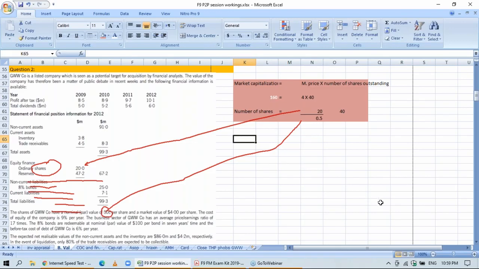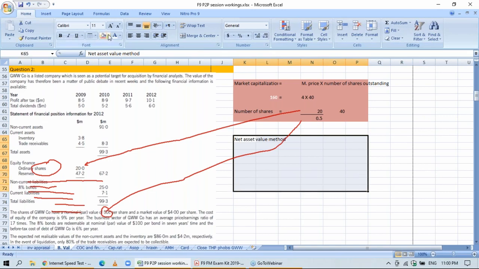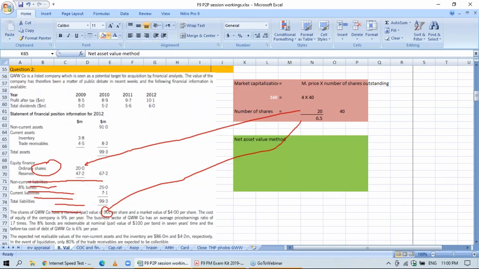Next requirement is the net asset value method. So as I said earlier, the net asset value is assets minus all liabilities.